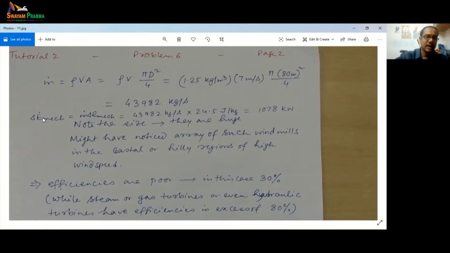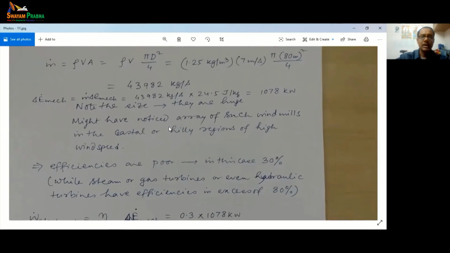Okay, so this is the delta of capital E dot mechanical, that means the available mechanical energy for the wind turbine to be harvested. We have not harvested it yet. So this is the available mechanical energy, 1078 kilowatt or 1.078 megawatt.